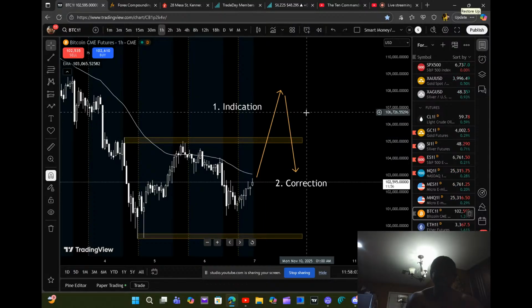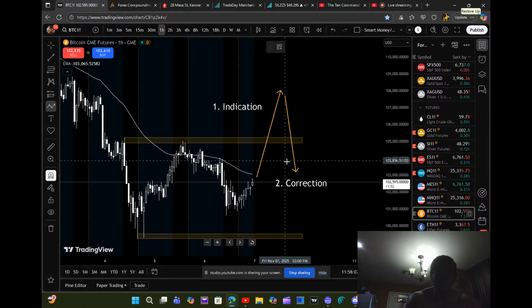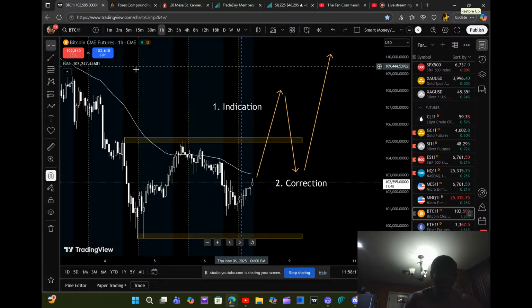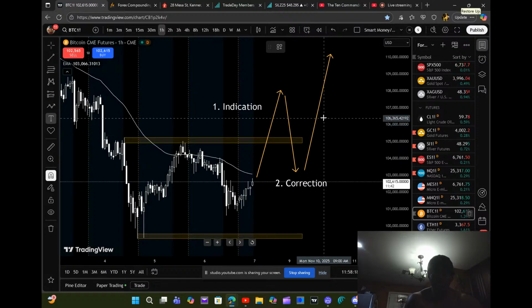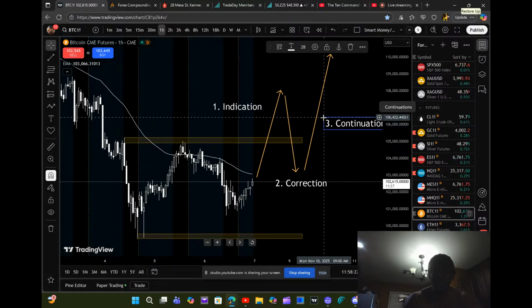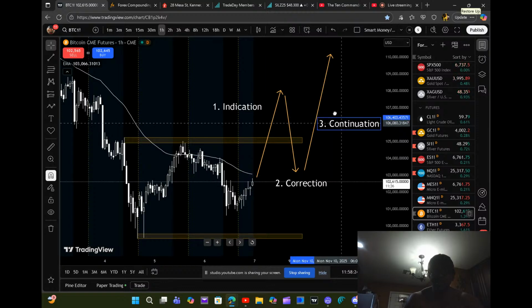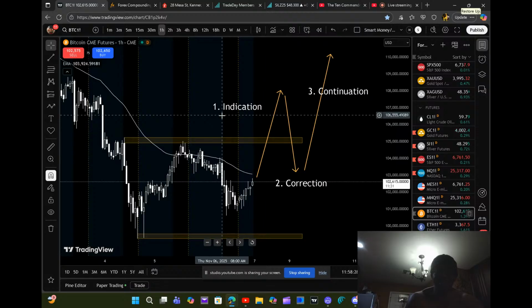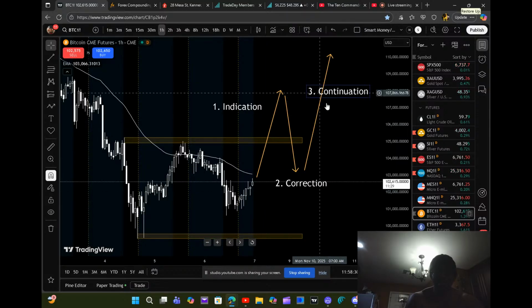That's the way he does it. And then as it starts to go away, that's considered your continuation. I'm going to just type it here. So that's what you say, ICC: indication, correction, and continuation.